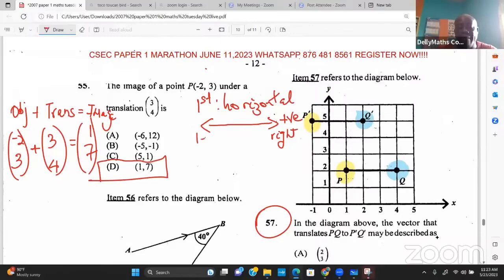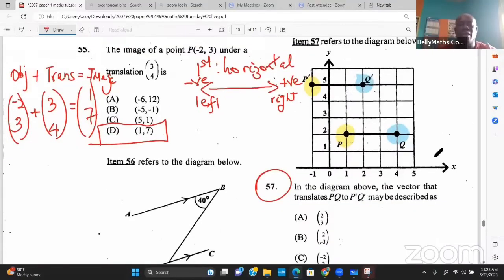But if you're going to the left, it's a negative number. We want to make note of that. The second motion, that means after you have done your first motion, there's a second motion to finish the job. The second motion is vertical. It's always the vertical that comes second.